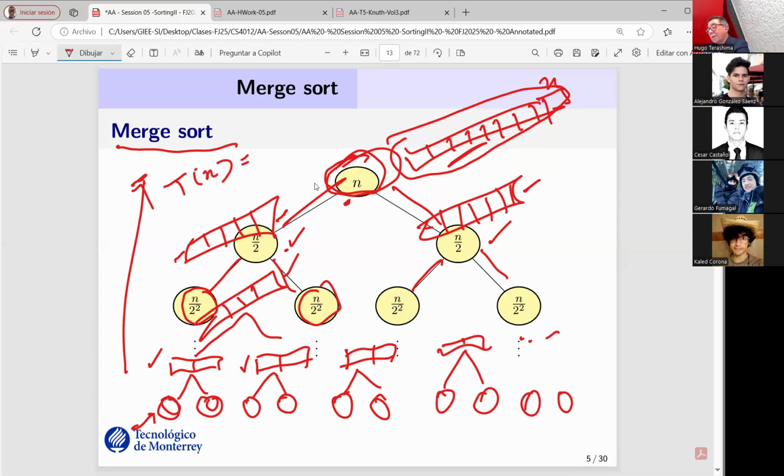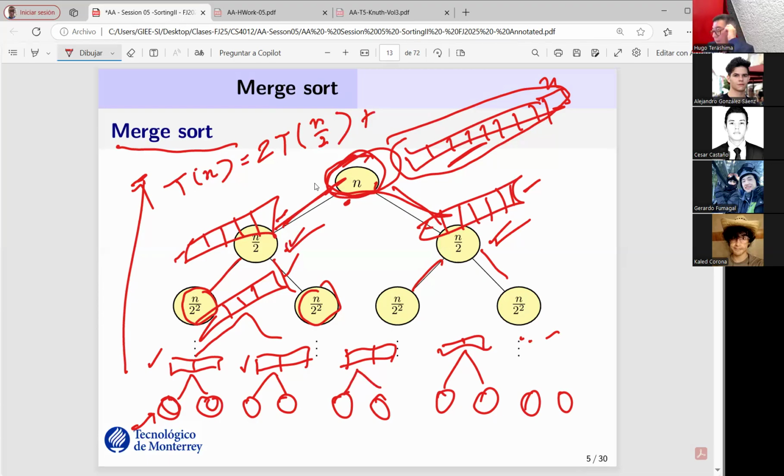What is the recurrence? T of n first is equal to what? 2 times, 2 subproblems, right? What size? At the first level, T of n, 2 subproblems of size n over 2, right? Yes. And then what should we add here?